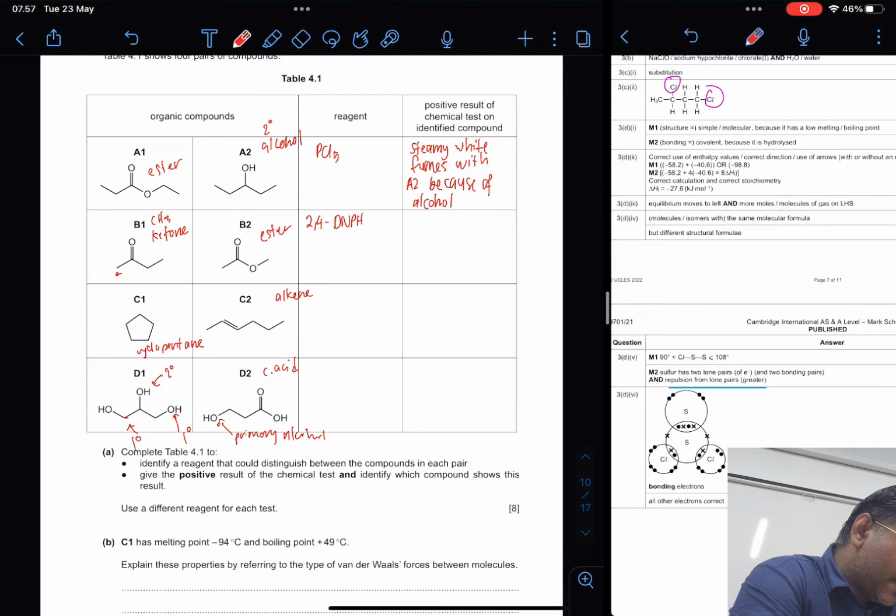You can either use 2,4-DNPH. It's a test to identify aldehyde and ketone. So if I use 2,4-DNPH, then I am going to get an orange precipitate.